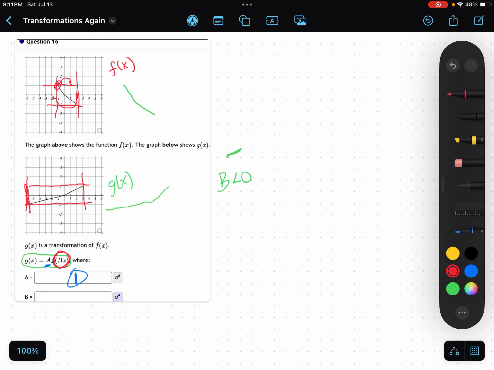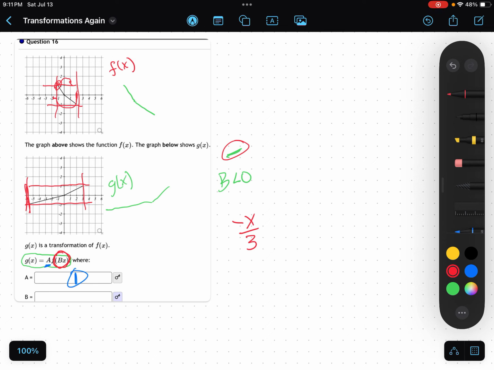And it's the same thing with these scalars. Since it looks like it got bigger by a factor of 3, what we need to remember is we're really dividing by 3. So in the parentheses, I've got this negative, and I've got this growing by a factor of 3. That would look like this, -x divided by 3.